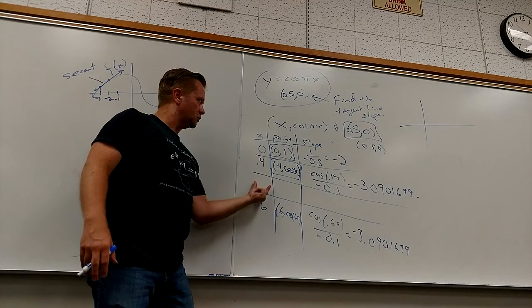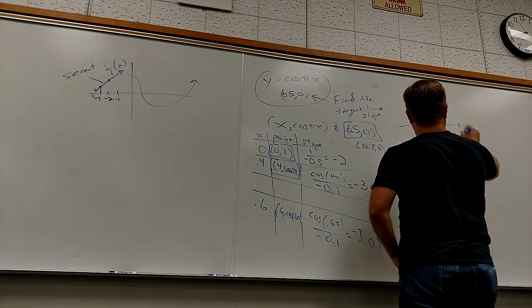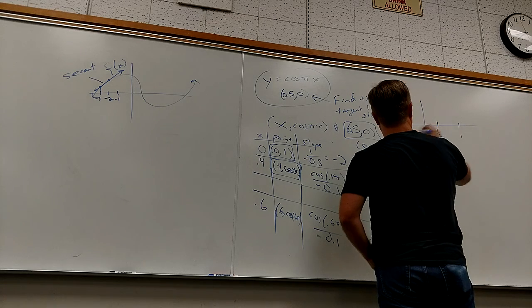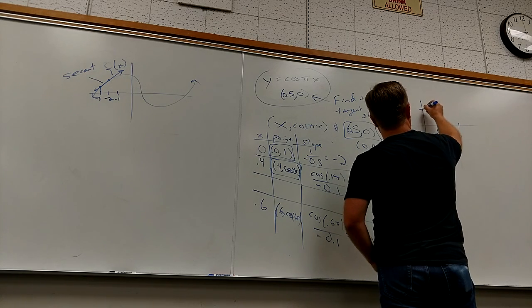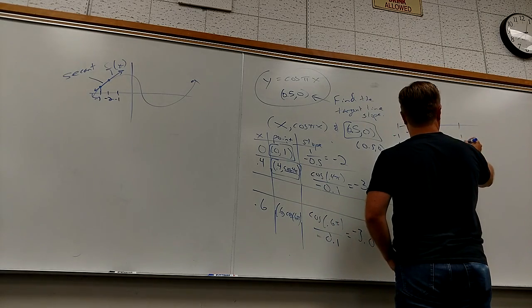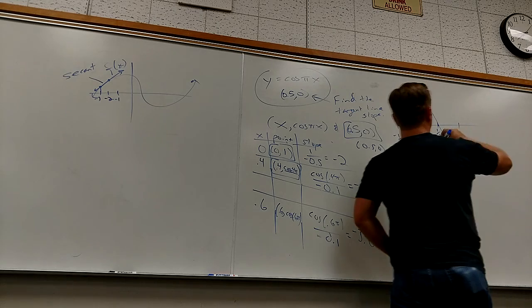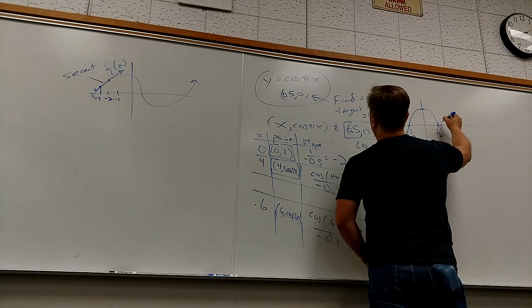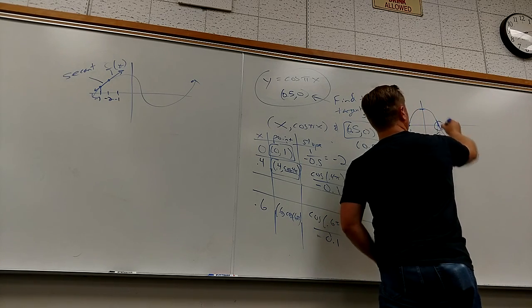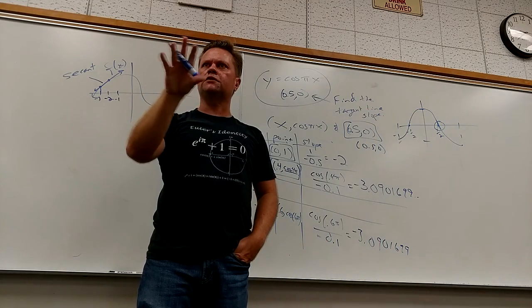So what do I want to do? Where was I? My cosine of pi x is going to look like this, right? So I'm curious about the slope right here. What have we done so far that makes sense?